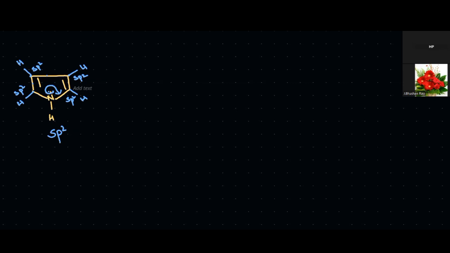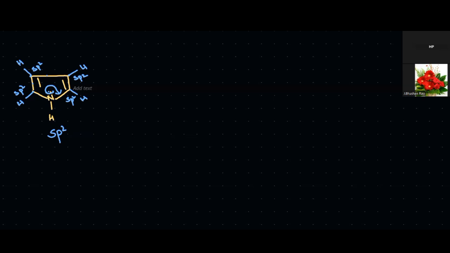Consider only one sigma bond. Out of the two, one is sigma. The remaining bonds are single bonds. So it is also sp2. If the lone pair is involved in the delocalization, this nitrogen is also sp2. Overall this molecule is an sp2 hybridized molecule. So this kind of molecule is very, very important.